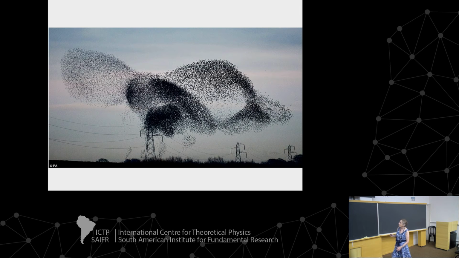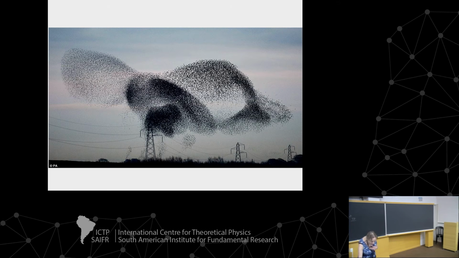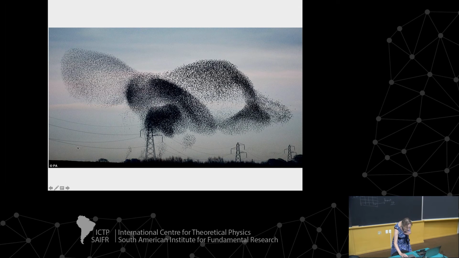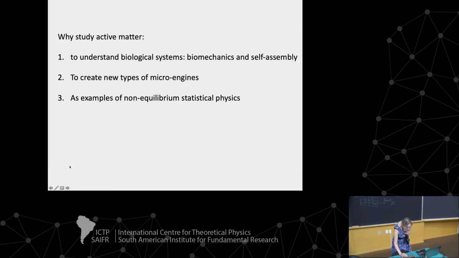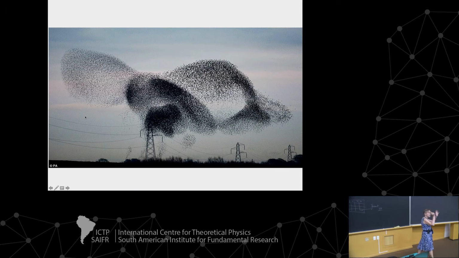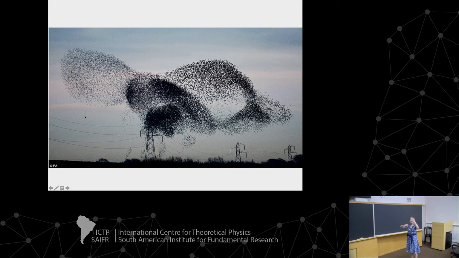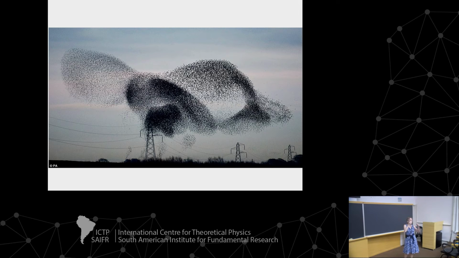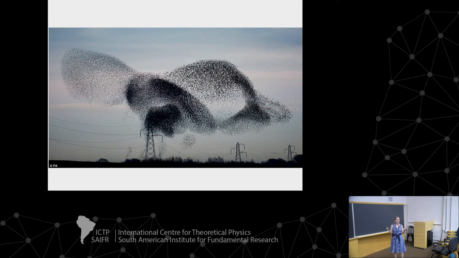This is the other one. These beautiful flocks of starlings. Are you going to move? No, sorry, I've got a movie there. All right, but if you look at the flocks of starlings, again, you get these swirly patterns, sort of two-dimensional sheets which intertwine with each other. These are active systems, but they're much more complicated active systems, because as well as you putting in energy and these things moving, they can think on the way.